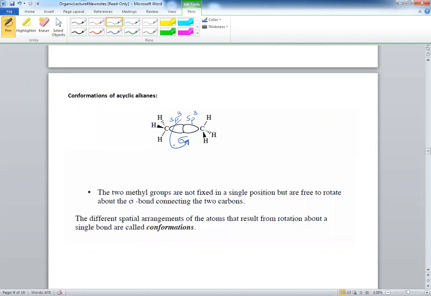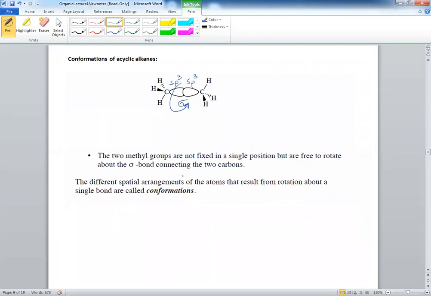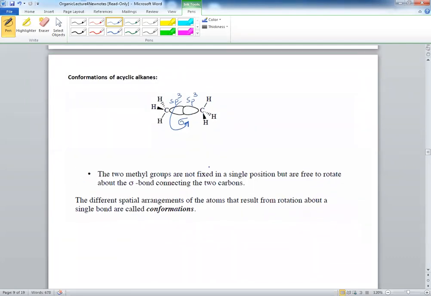It's going to have implications on the stability of this whole compound that this bond is spinning. So in this case, as we said, the two methyl groups, this is the first methyl group, this is the second one, are not fixed in a single position, but are free to rotate about the sigma bond connecting the two carbons.